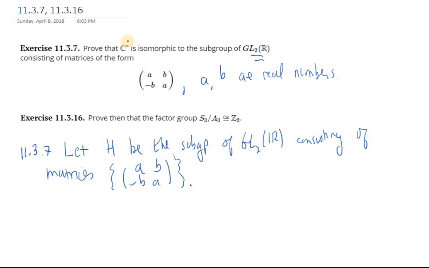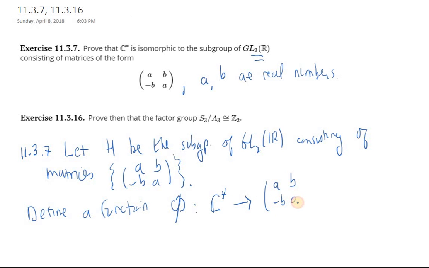Okay, so let's show that C star is isomorphic, so we'll have to define an isomorphism. So we'll have to define a function, and we'll call it phi because we've been defining isomorphisms as phi, and this goes from C star to H, the matrices of the form [a, b; -b, a].